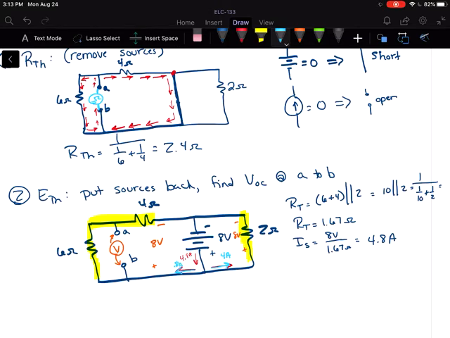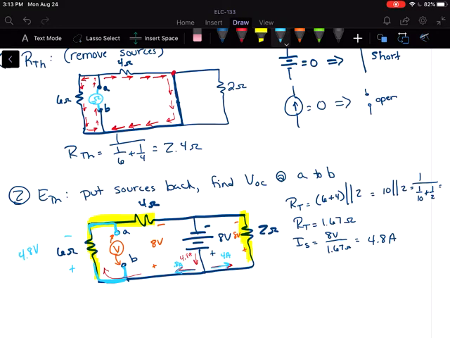And then notice from A to B, that's actually measuring the voltage across my 6 ohm resistor. If I have 0.8 amperes, actually, let's talk about direction in a little bit. 0.8 amps times 6 ohms is 4.8 volts. And let's talk direction. So my current is coming up this way, so that means that my voltage drop would be in this direction.